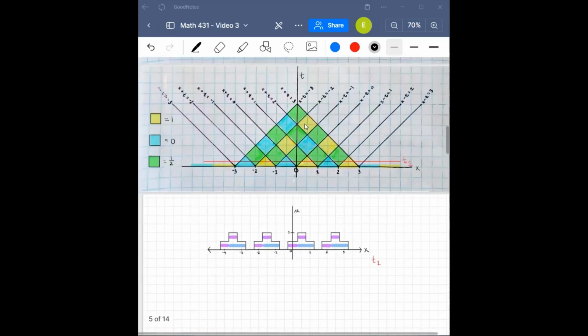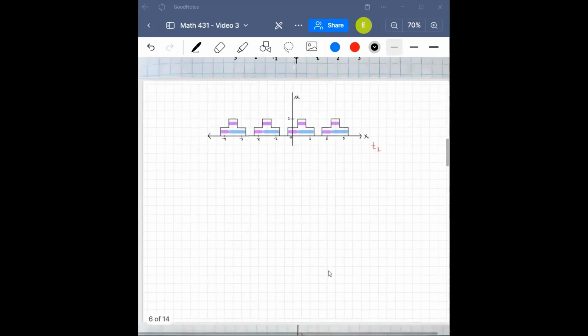So transferring these values from the xt plane into the xu plane, we can get something that looks pretty similar to this. As you can see, we have our waves coming a little unstacked from each other and beginning to move in opposite directions.